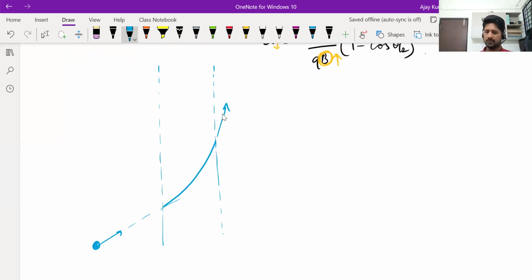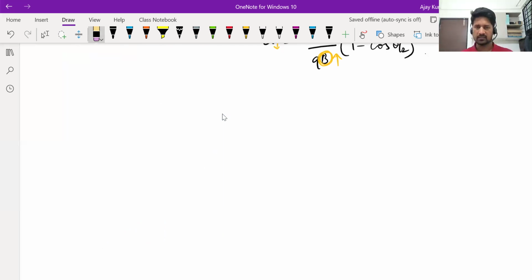Such questions also you should be able to answer. And such questions you'll find in the worksheet along with hints. You'll be able to do it. But make sure you spend some time on this concept and get a perfect grip on it. You need to make use of some properties of circles, chords, and then the physics that you learned here. Radius is mv by qB, time period, angular velocity, such things.